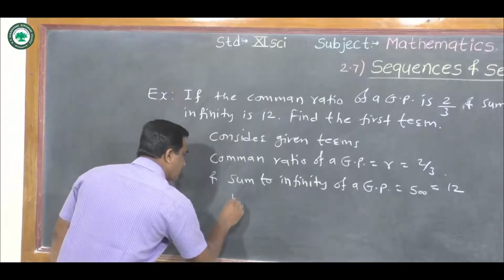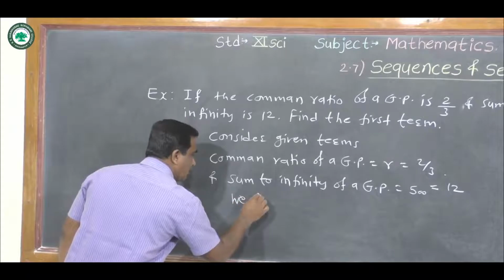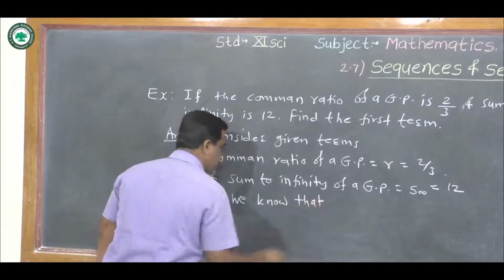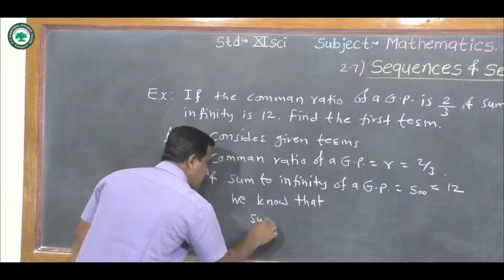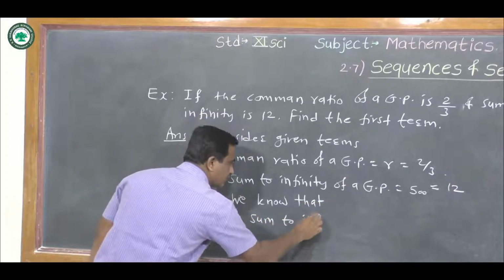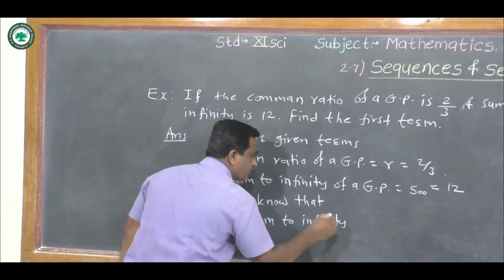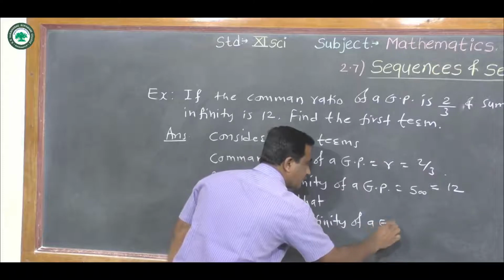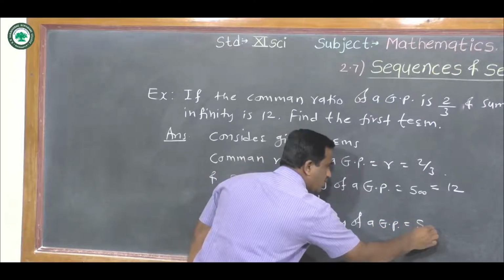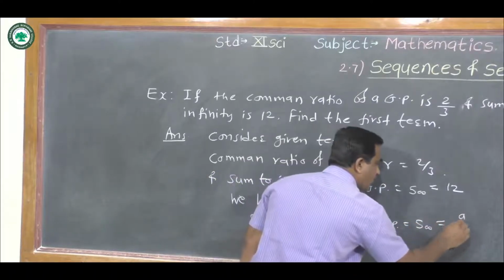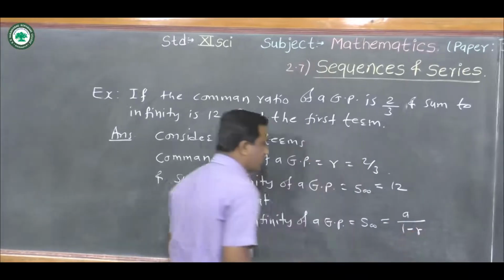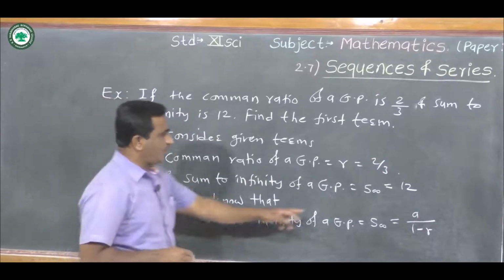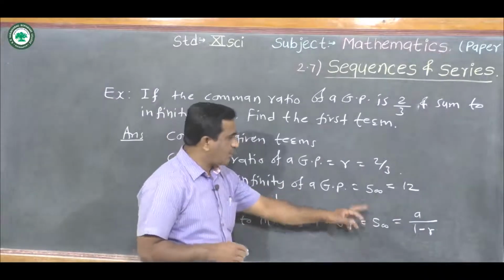We know that the sum to infinity of a GP is S infinity equal to A upon 1 minus R. Okay, we are given S infinity equal to 12 and R equal to 2 by 3.